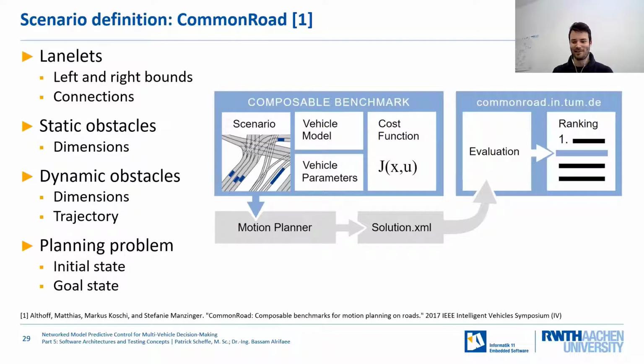You had a large set of images available, and then you could do classification tasks on these images, and everybody could work with the same set of training data and the same set of evaluation data for the neural networks, and then you could get scores. How well did your network perform to classify these images? And CommonRoad takes this idea and transfers it to trajectory planning.